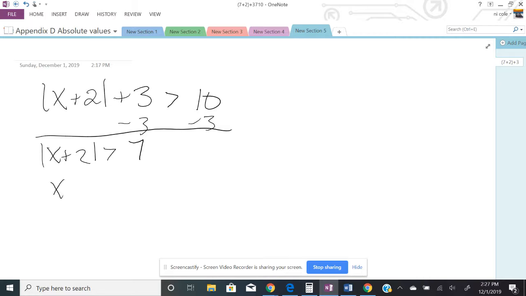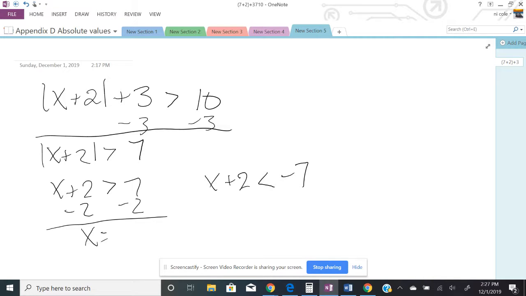Now I get to write it as x plus 2 is greater than 7, and x plus 2 is less than -7. Subtract 2, subtract 2: x is greater than 5. Subtract 2, subtract 2: x is less than -9.